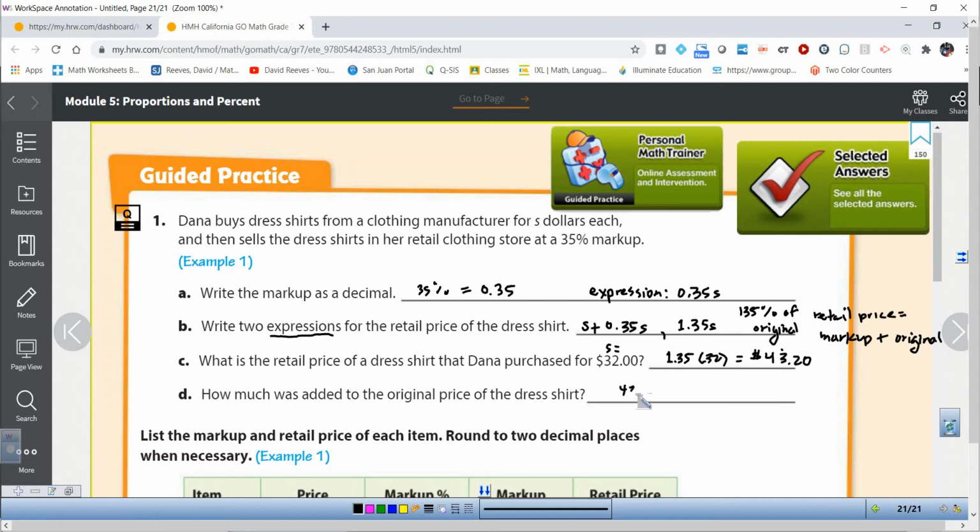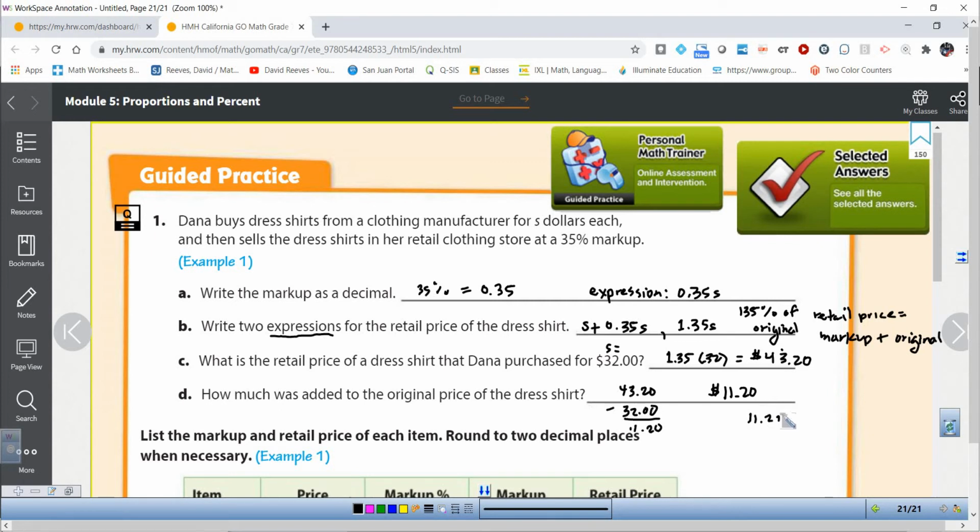So how much was added to the original amount? Well, the retail price is $43.20. If we subtract 32 from that, we shouldn't need a calculator for that, should we? 2 minus 0 is 2, 3 minus 2 is 1, and 4 minus 3 is 1. So how much was added? $11.20. So do you know what that means?